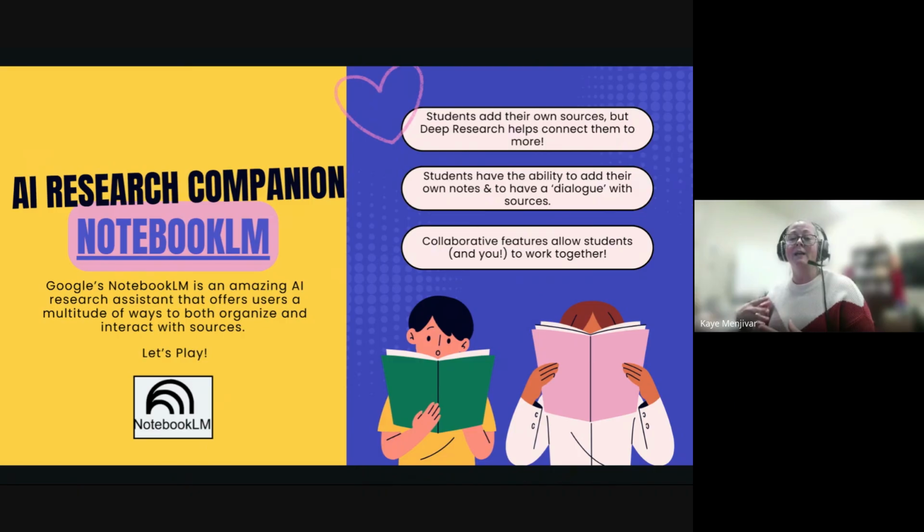The AI assistant will help them locate more sources that are relevant to their topic, for them to then take the step of looking through those sources and determine, oh, yeah, this works for me. No, that doesn't. So they're still doing the thinking.